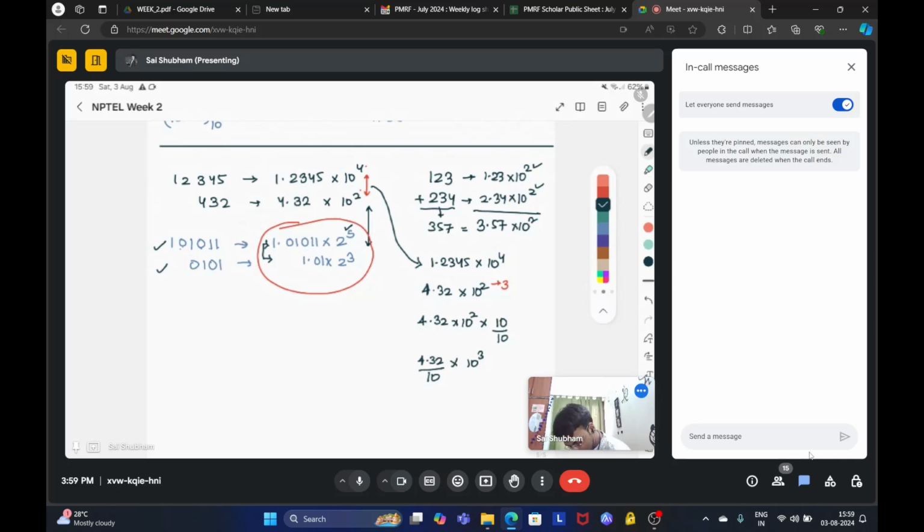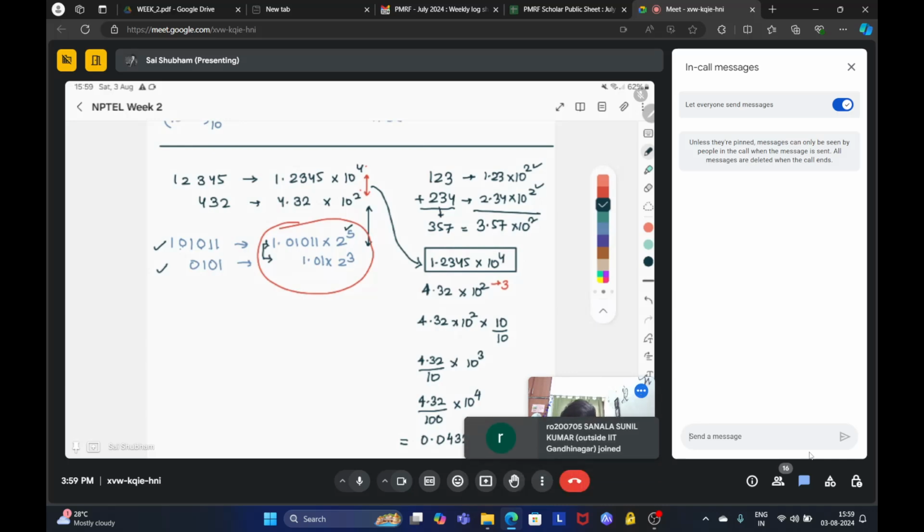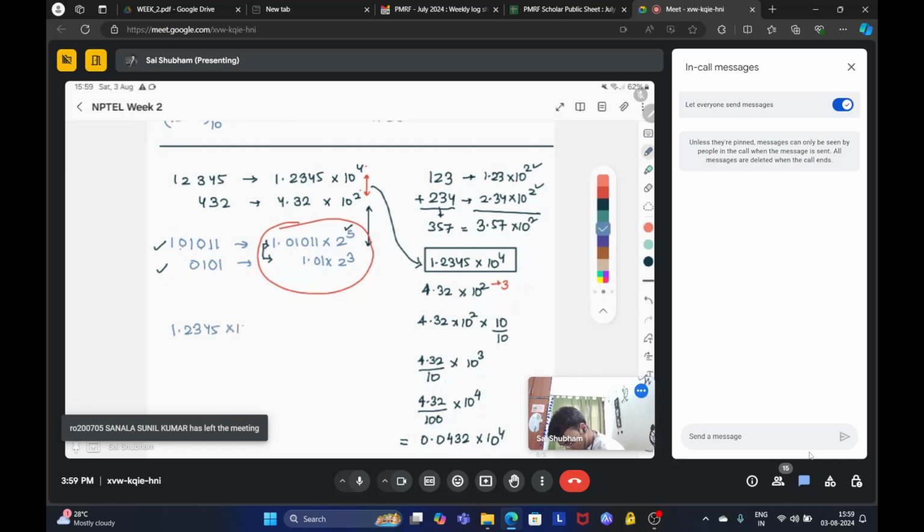I do it again, it will be 4.32 by 100 into 10 power 4. This is same as this expression, so I can write 0.0432 into 10 power 4. Now I have 1.2345 into 10 power 4.